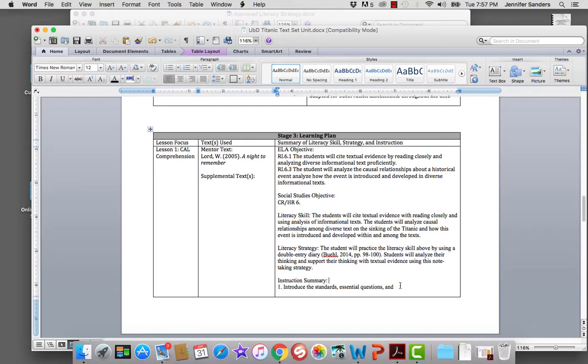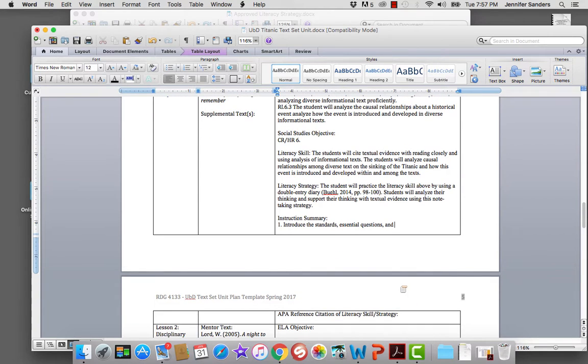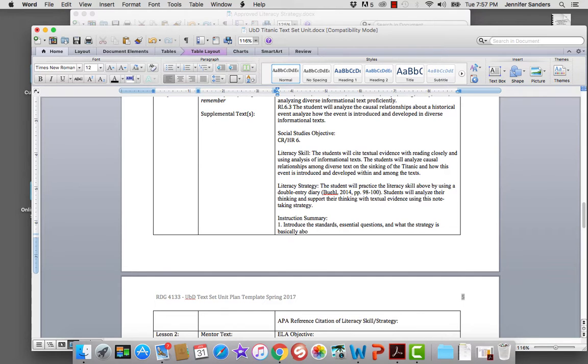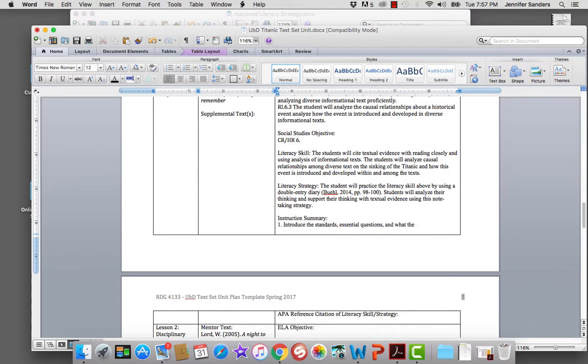Introduce the standards, essential questions, and actually what the strategy is basically about. Our basic, I can just say strategy basics. Because remember, this is a unit, okay?